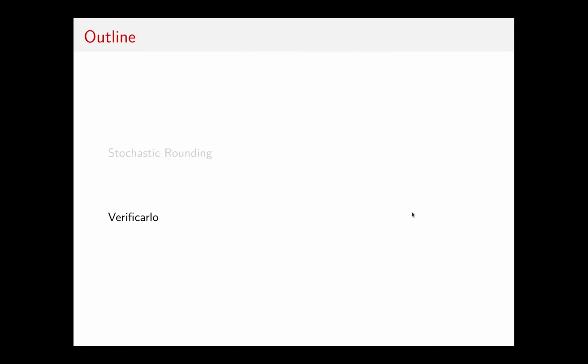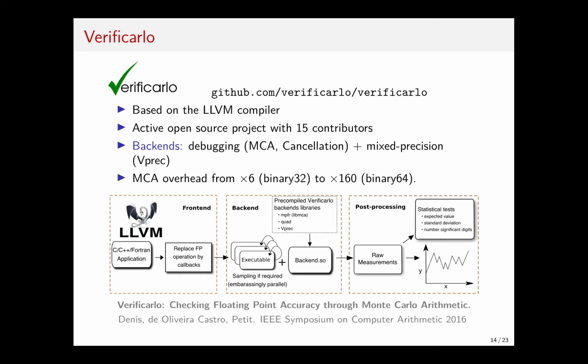Okay, so now for VerifiCarlo. VerifiCarlo is an open source tool. Now it has 6 or 7 years, I think, and it's available at this URL. It is based on the LLVM compiler. It's a specialized pass that is going to come at the end of the LLVM pipeline. So in fact, we can compile any language that LLVM can compile.